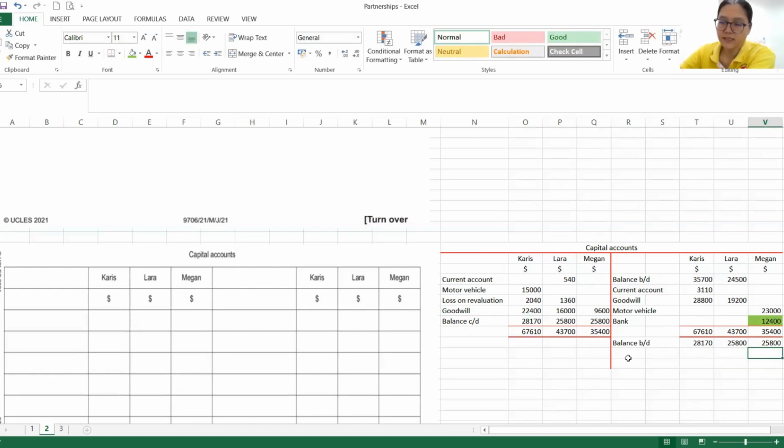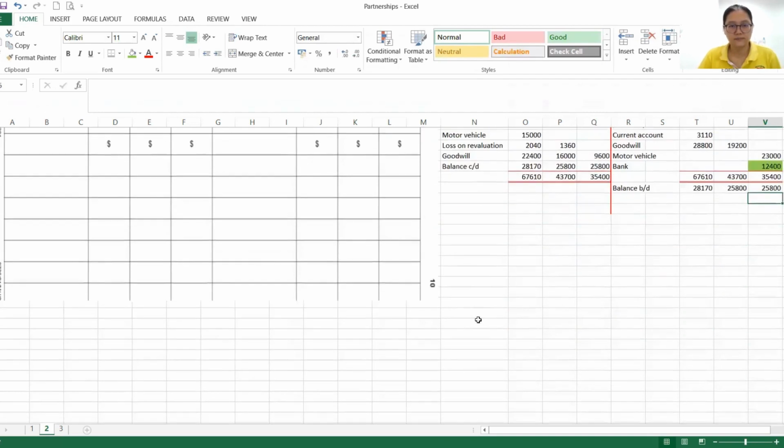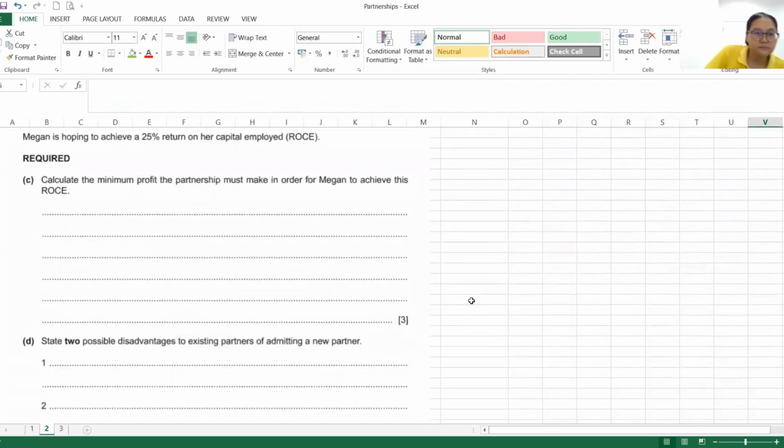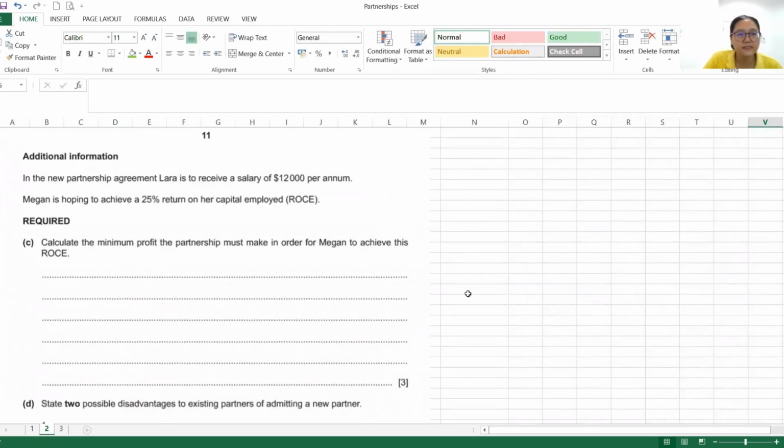So the next is, let's see what the question is about. Okay, in the additional information, they say that in the new partnership agreement, Lala receives a salary of 12,000. Megan is hoping to achieve a 25% return on her capital employed.